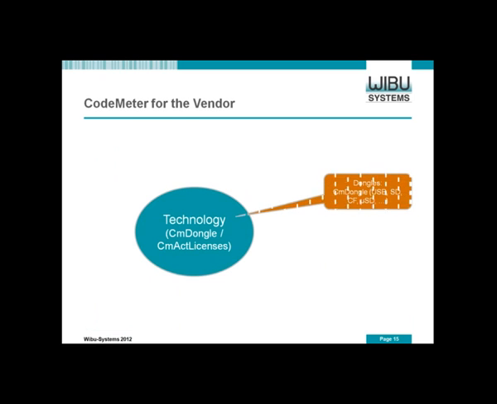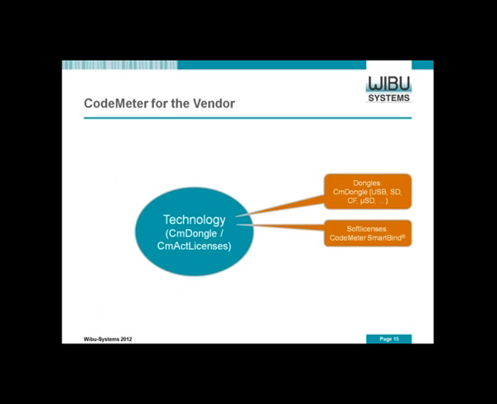CodeMeter means, on one hand, we have our real secure hardware-based copy protection solution, which includes CodeMeter dongles, which are available in USB version or SD card, CF card, as you already have seen in the presentation of Oliver. On the other hand, we have also software licenses, which means licenses which are bound to the computer, which we have seen in my demonstration.